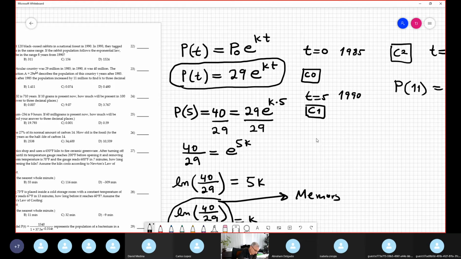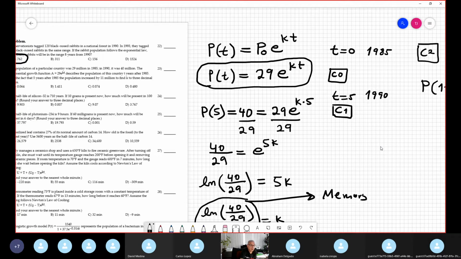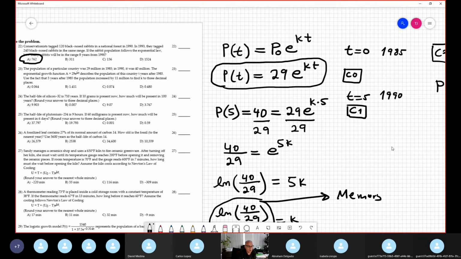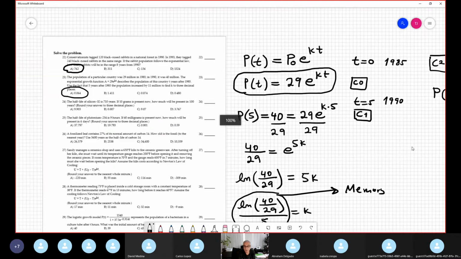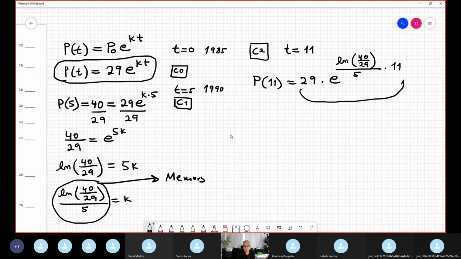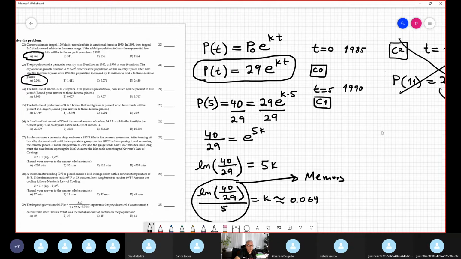K is, I got it. 0.64. So they want to know, no, completed the problem. No. So that part, no. That part, no. Only that part. I put in the calculator, run, and the answer is 0.064. So the K value, okay, the rate of change of the exponential is 0.064. Okay, good.